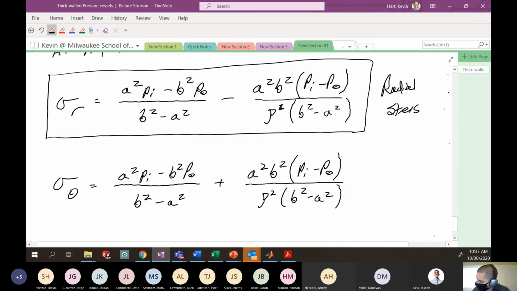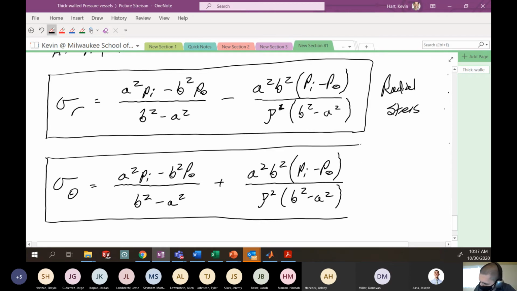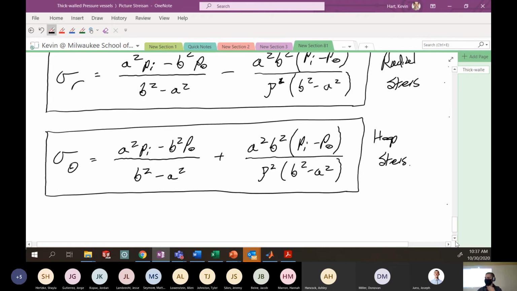There you go. So your radial and your hoop stresses, solving differential equations at that particular element. A little bit complicated, but it's not that bad.